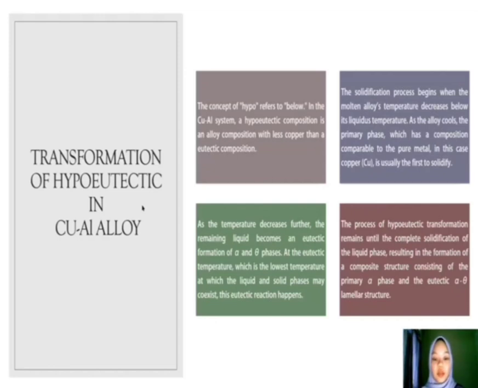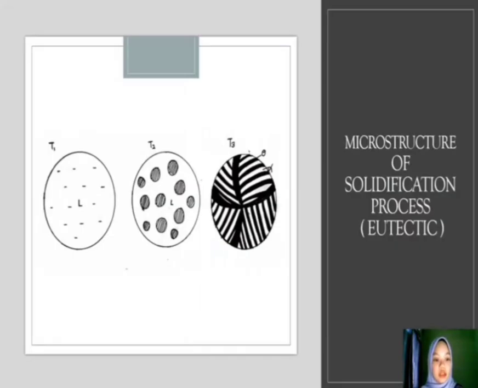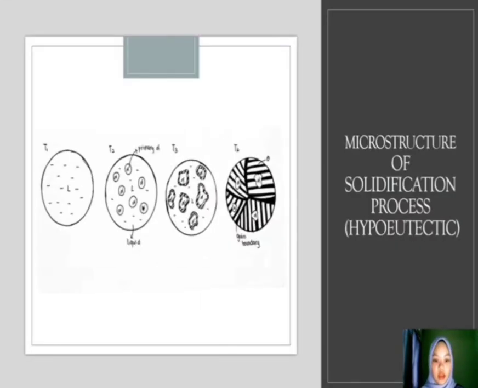At the eutectic temperature, this eutectic reaction will happen, and the process of hypoeutectic formation will continue until complete solidification of the liquid phase, resulting in a composite structure consisting of primary alpha phase and eutectic alpha theta lamella. So this is the microstructure for eutectic and hypoeutectic.